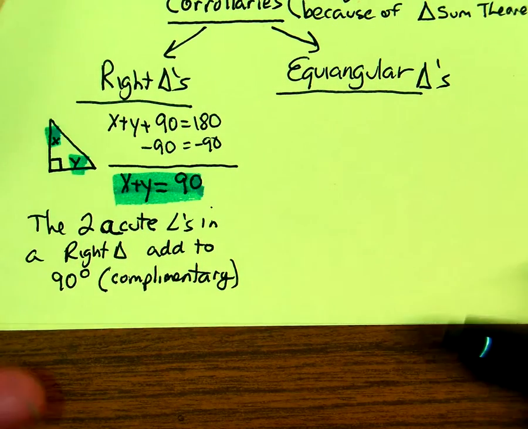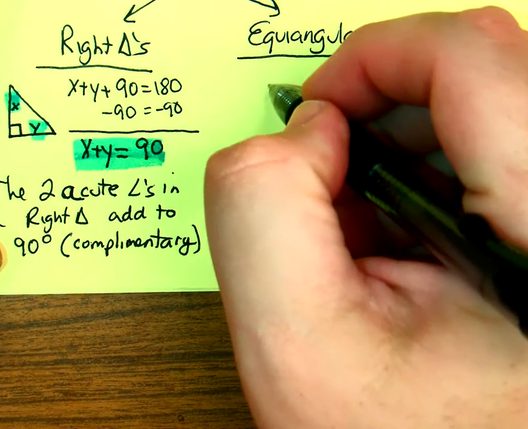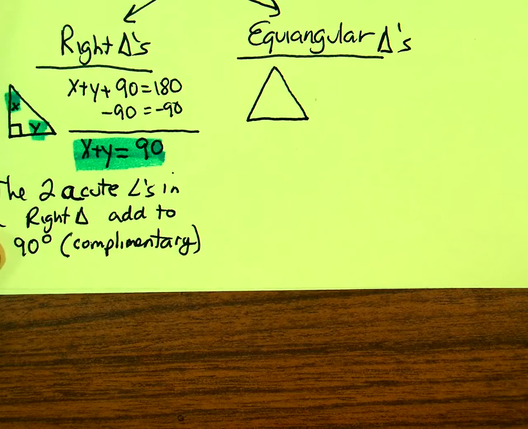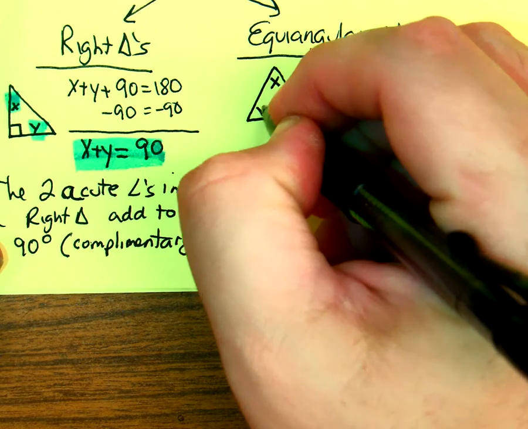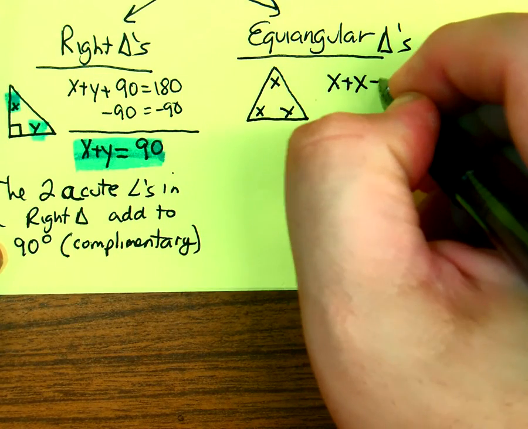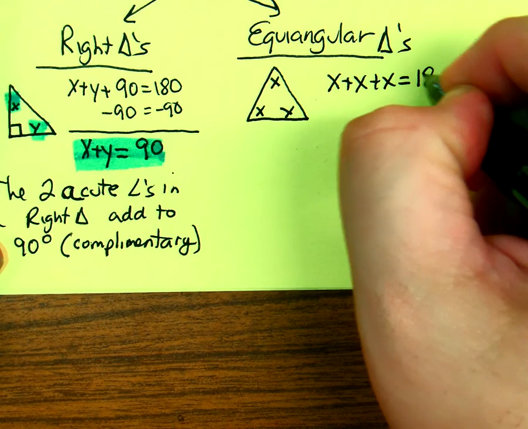Now, equiangular triangles. What do we know about all the angles in the triangle? They're all the same. So if I go x plus x plus x, how much is that? 180. How many x's are there?